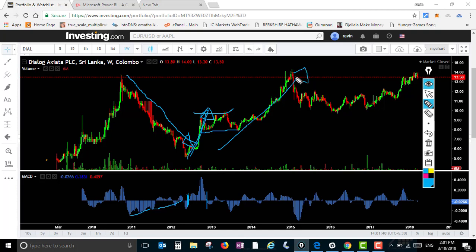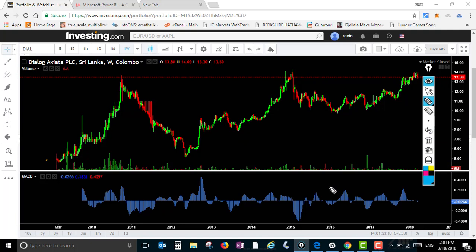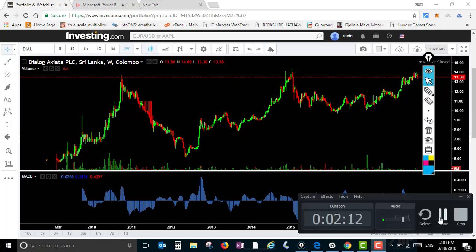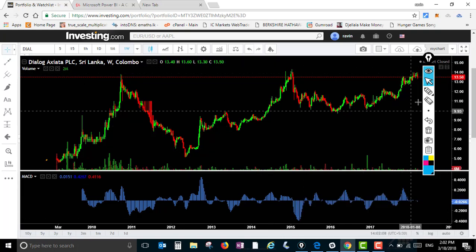So what you want to do, let's say if you didn't enter in this area, wait, I will show you. If you didn't enter in this area, you have another opportunity.